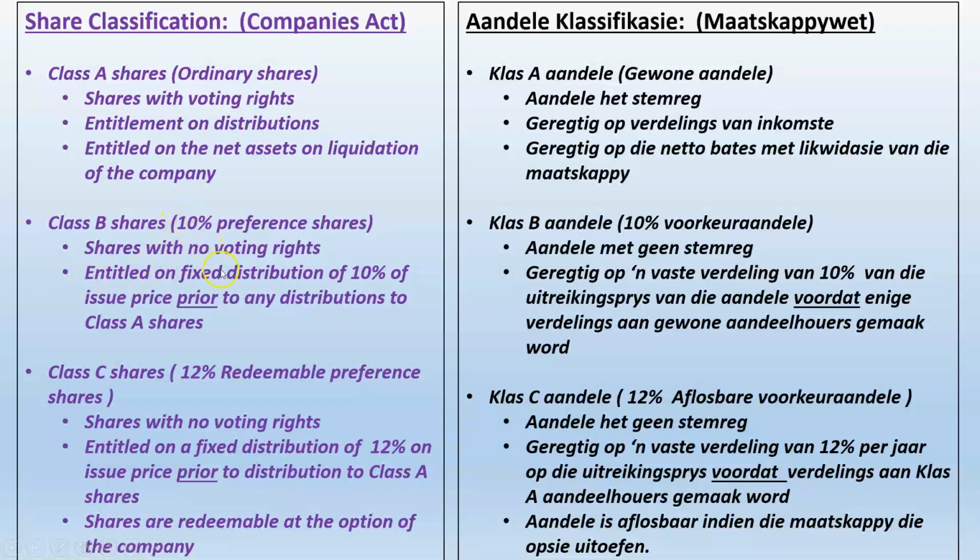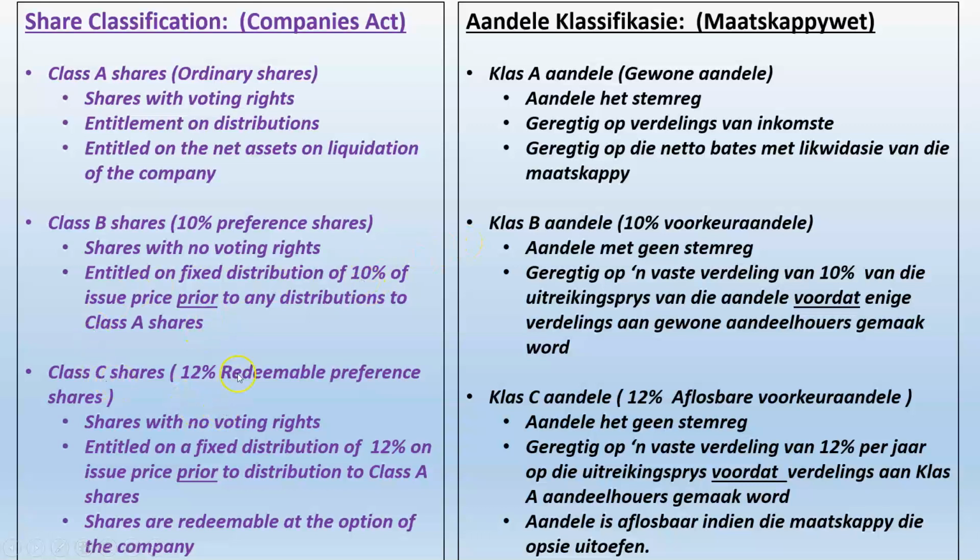So it's a fixed distribution, in this case of 10%, of the amount that they've invested into this company. And then before the company can actually declare a dividend to the ordinary shareholders, they first have to pay these preference shareholders their 10% of the capital that they held in this company.